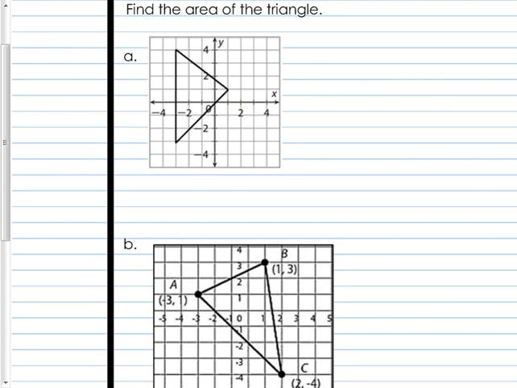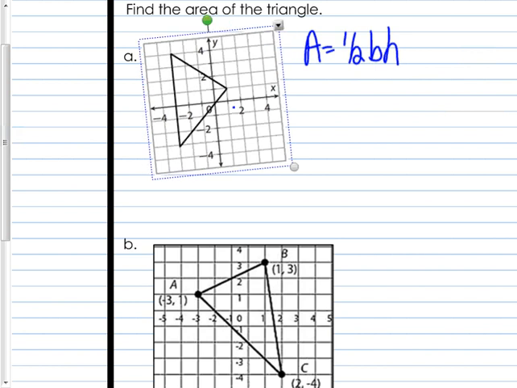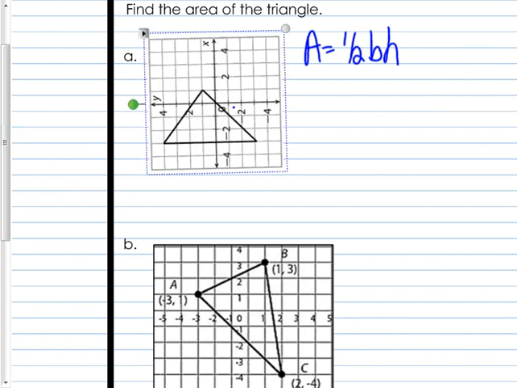This one may look a little tricky, but it's honestly not. The area of the triangle is 1/2 of base times height. Now, this shape looks weird because it's sideways, but if you were to turn it, let me see if I can turn it so you can see. Aha, there we go. Okay?